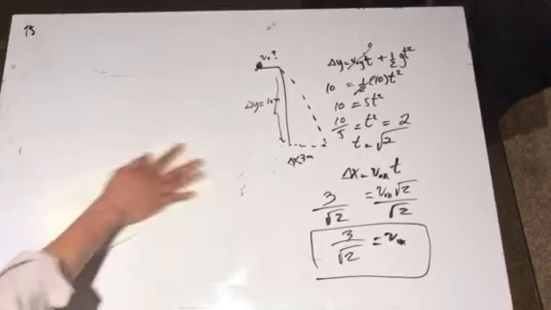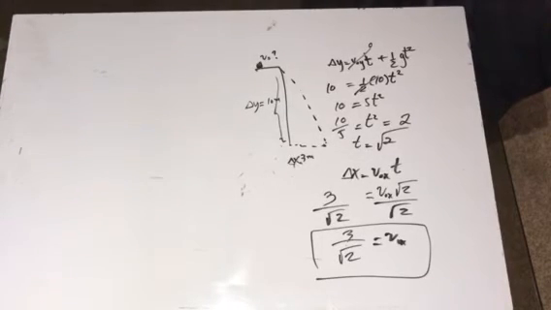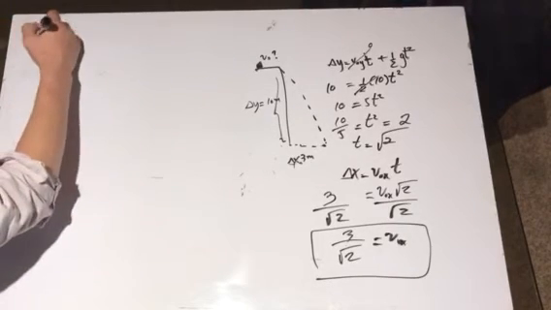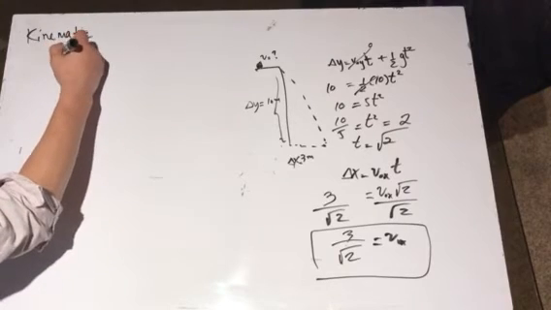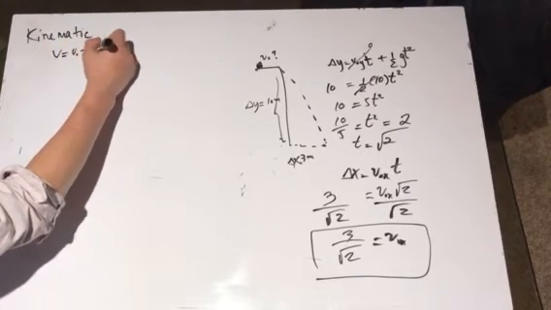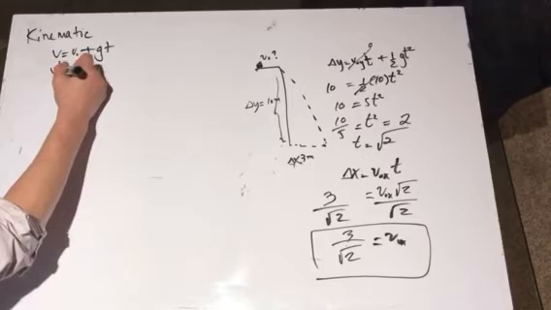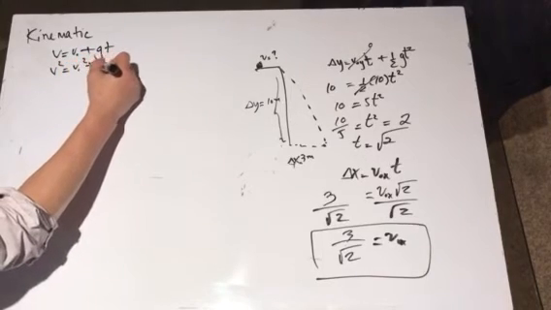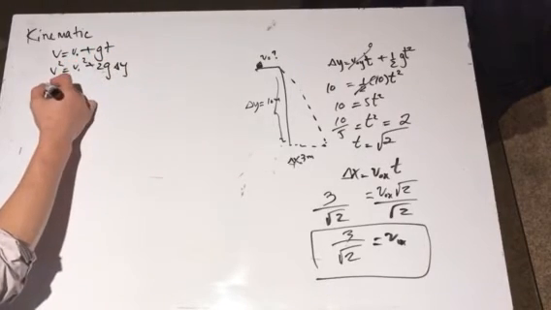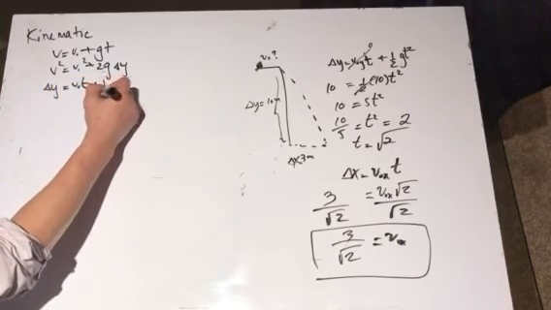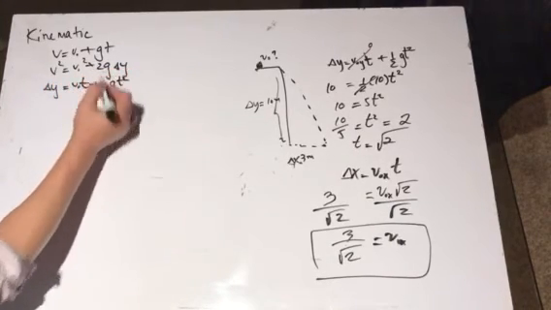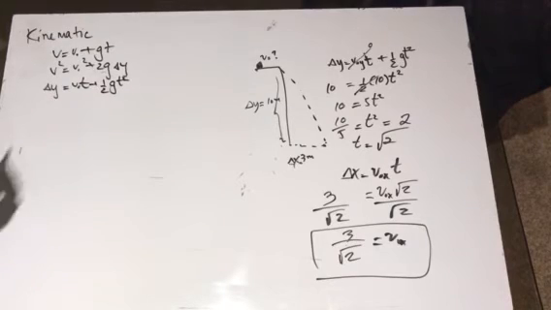Basically, for kinematics, we have this, and we have this, and we have that. This is the one we just did, so we've been using this.